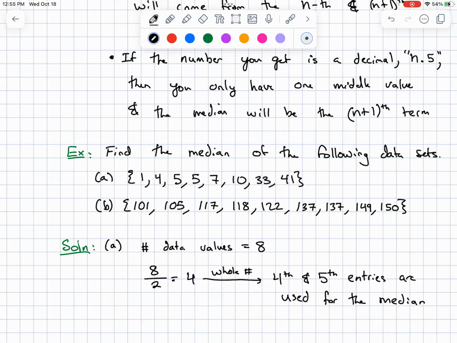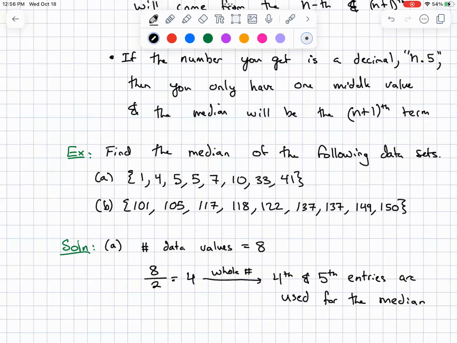Because we divided by 2 and we got 4, we can see right off the bat there are 8 data values, which means there's an even number. So there should be 2 sets of the same amount of numbers, meaning there's no middle number. And so what you have to do is find the 4th entry and the 5th entry. Because it was 4, 4th and 5th. If you got 7, it'd be the 7th and the 8th.